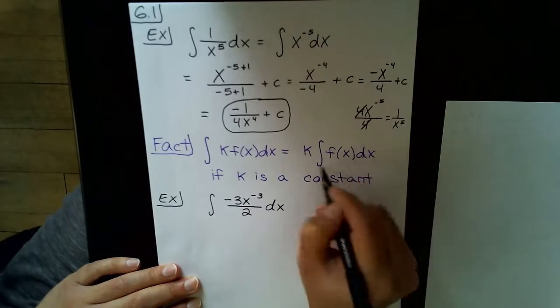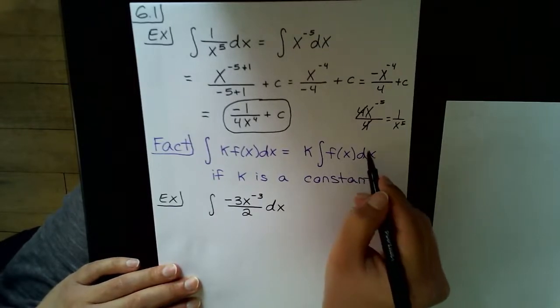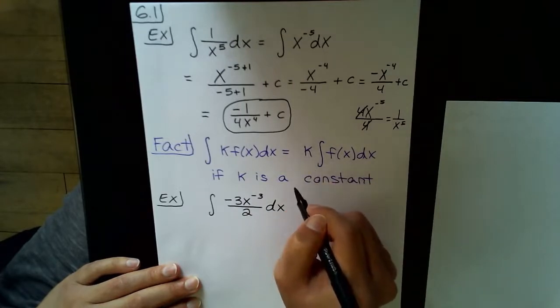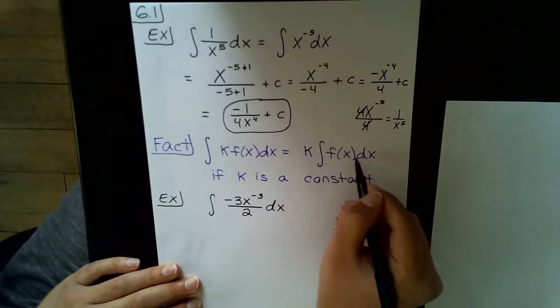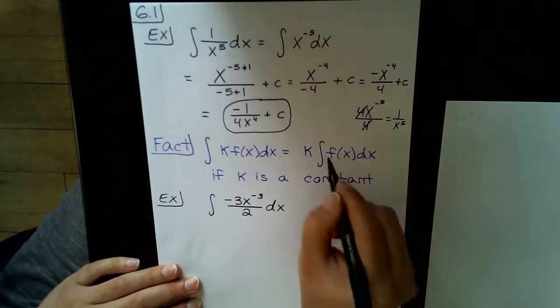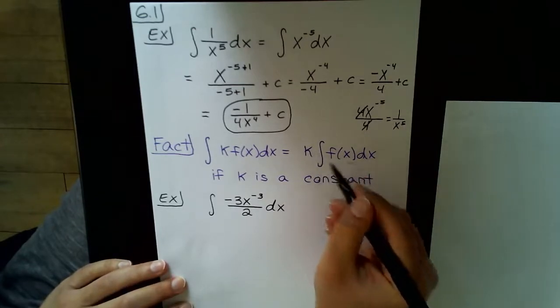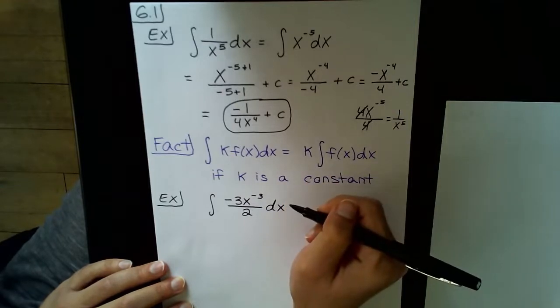Meaning, take your antiderivative and then multiply that result by whatever constant you started with. This cannot happen if you are adding or subtracting the constant inside of the integral. In the next video, we'll talk about how to handle that. This is only for if you are multiplying by that constant.